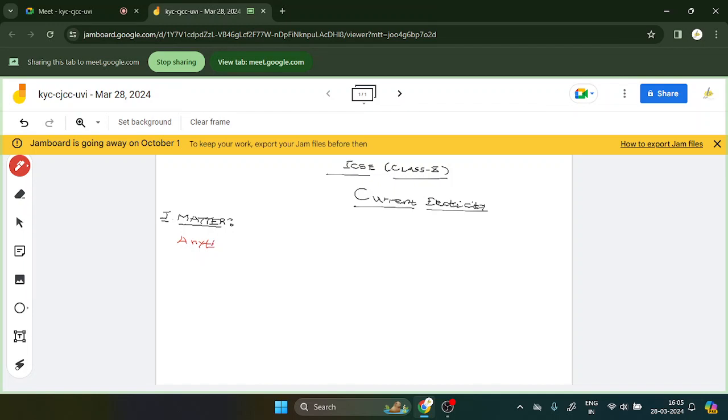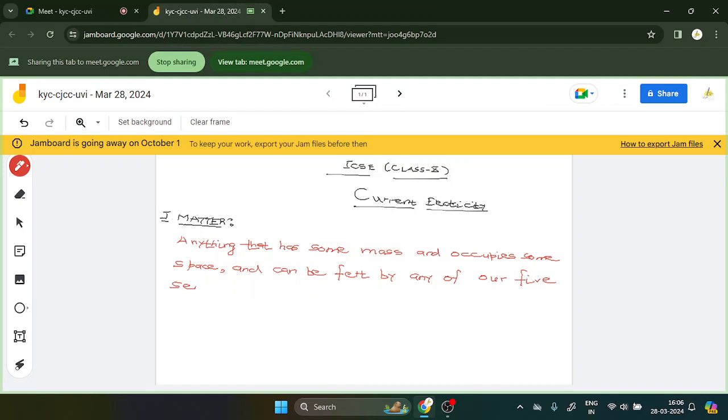So you can write that anything that has some mass and occupies some space and can be felt by any of our five senses is called matter. Clear?